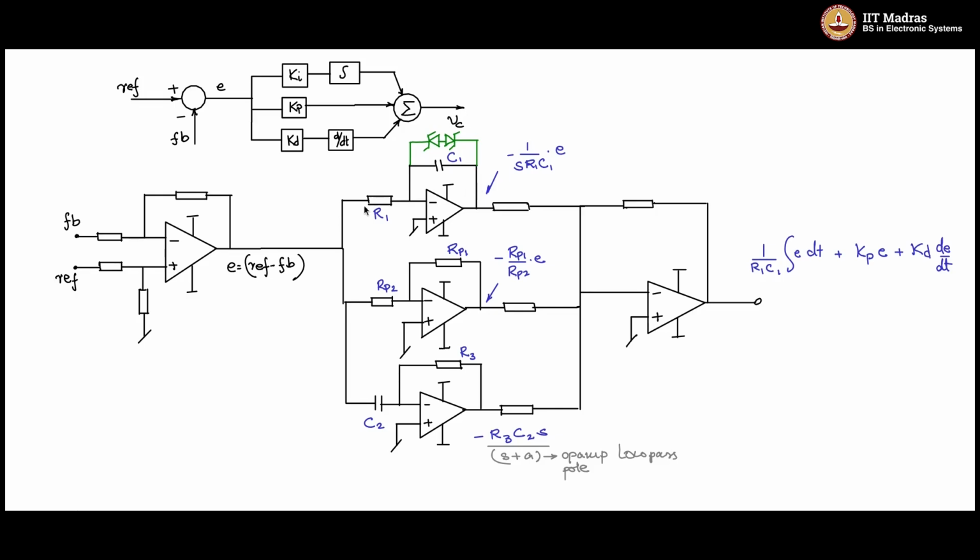And once the error comes down, the capacitor will come into the control band immediately. So this back-to-back Zener diode pair forms a very nice anti-wind-up clamp circuit for the analog version of the PID controller.